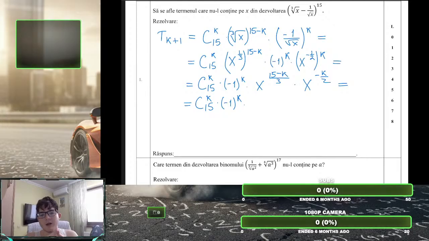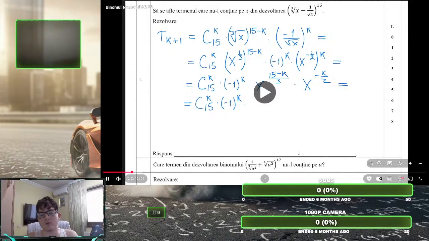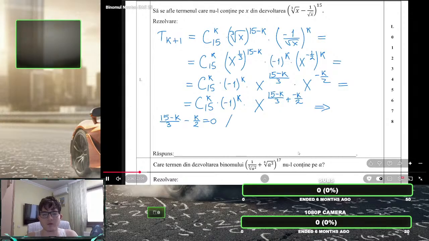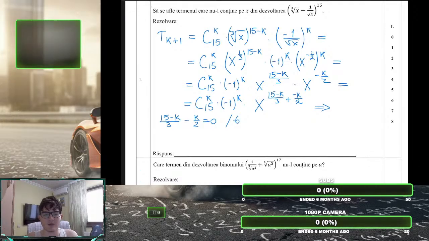So you see it's x times with a power, x times with another power, so we just need to add the powers. So it's going to be x to the power of 15 minus k divided by 3 minus k divided by 2. Okay, so essentially it's plus minus k divided by 2. I just remove the sign, so you just work with the powers and equal that to 0.